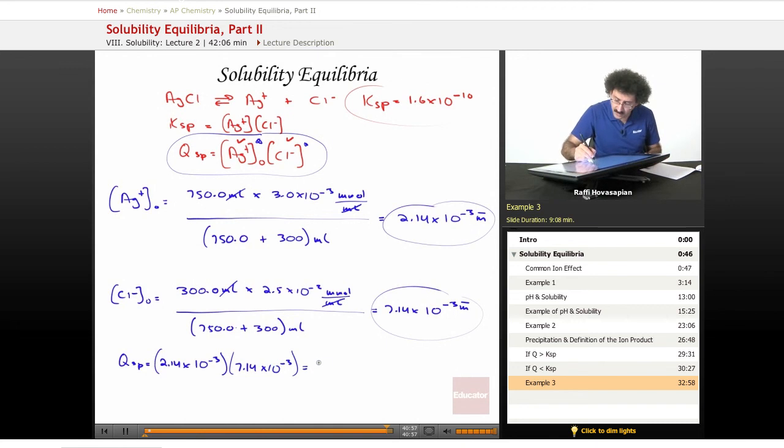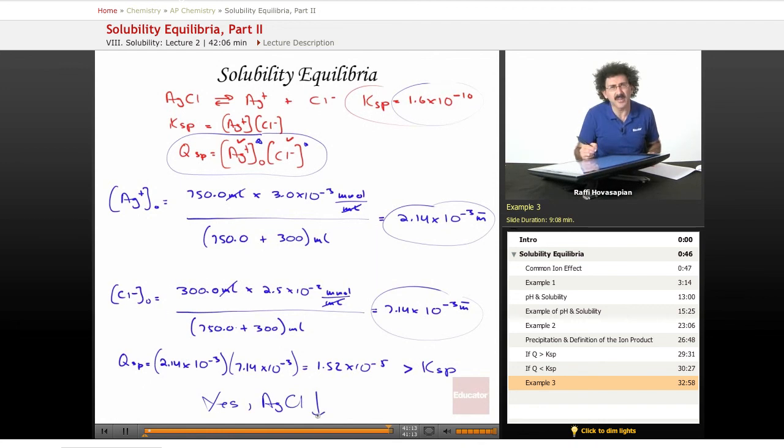That equals 1.52 times 10 to the negative 5, which is definitely bigger than the KSP, which is 1.6 times 10 to the negative 10. So yes, AgCl, with a little arrow pointing down, an old symbol for a precipitate, will precipitate.